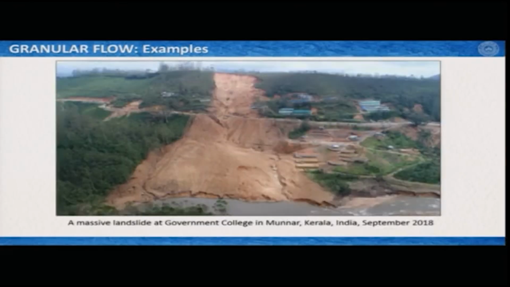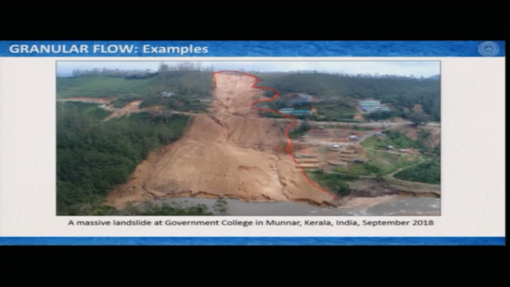Now, another example, also very recent, is in Kerala. Last year we had a significant flood there, and that flood was associated with a lot of devastating landslides. This is an image which I have collected from the Government of Kerala website, and you can clearly figure out that this is one landslide.